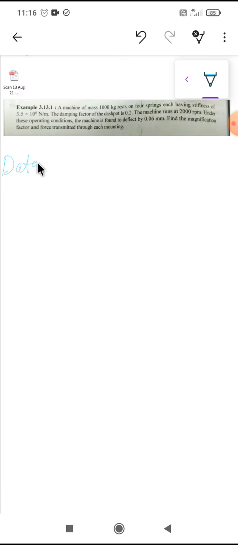A machine with a mass of 1000 kg on 4 springs, each having a stiffness of 3.5 into 10 raised to 6 Newton per meter. So k is equal to 3.5 into 10 raised to 6 Newton per meter, and there are 4 springs.